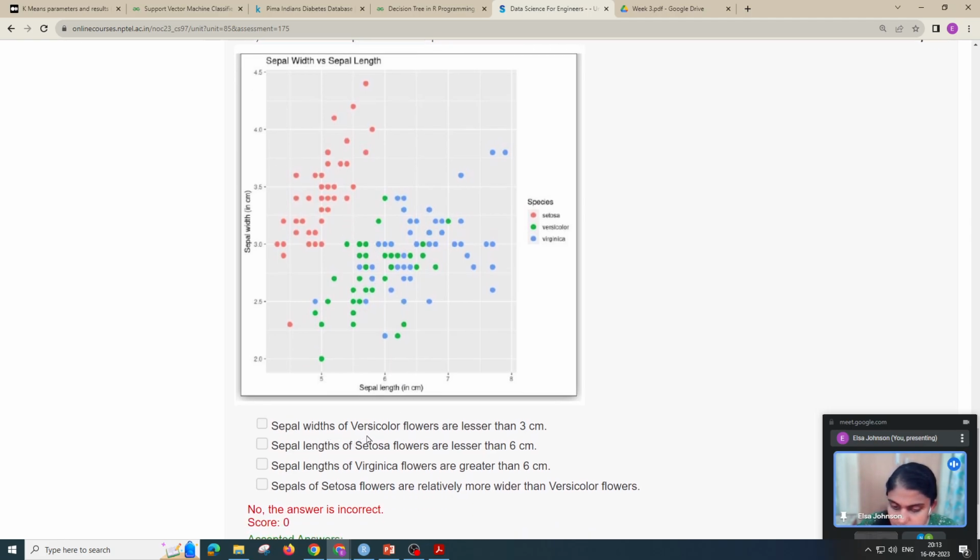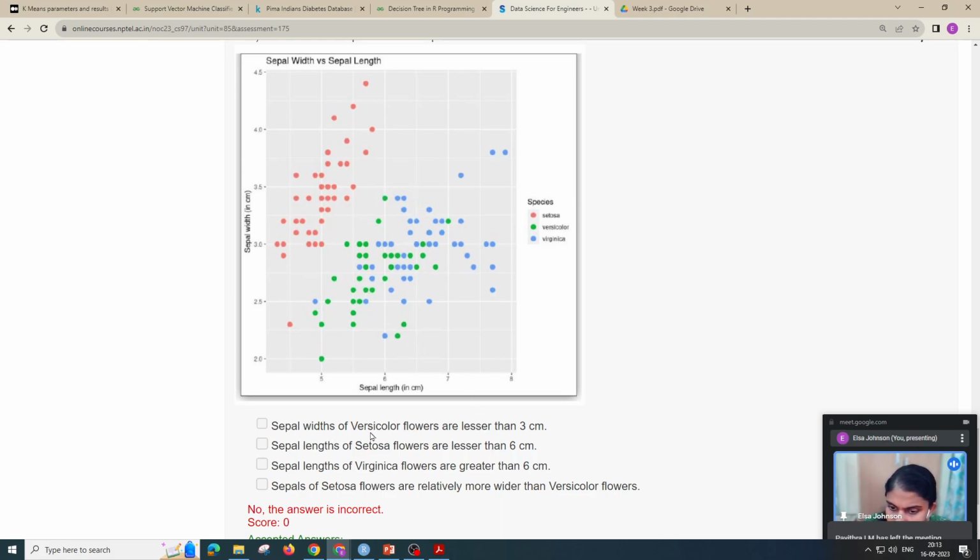First statement we'll check right now. Sepal widths of versicolor flowers are lesser than 3 centimeter. So sepal width, and 3 is here. Versicolor is marked as green, right? You can't say that, because it is going above 3 centimeter also.